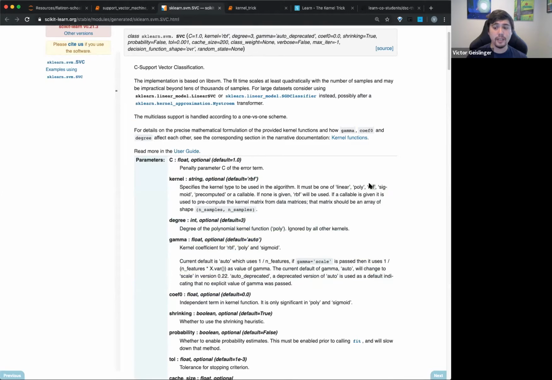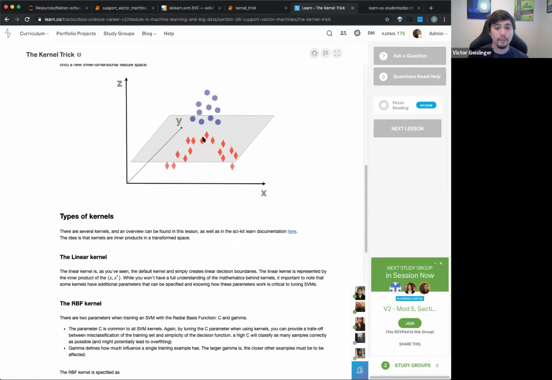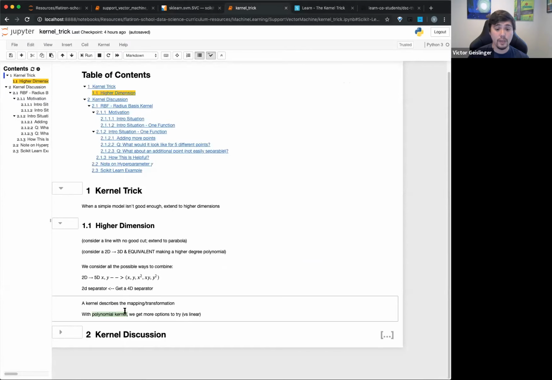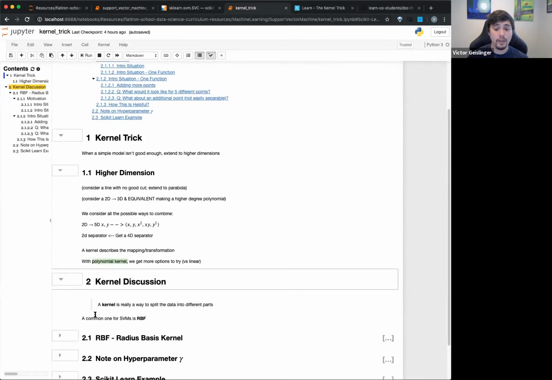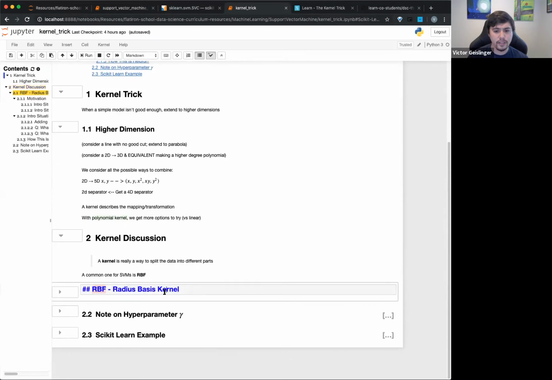Basically, it's a special function that allows us to make more divisions. Okay, but note that this would be closer to a polynomial kernel right here. But by default, we use something called an RBF kernel. So, sorry, RBF: radial basis function.